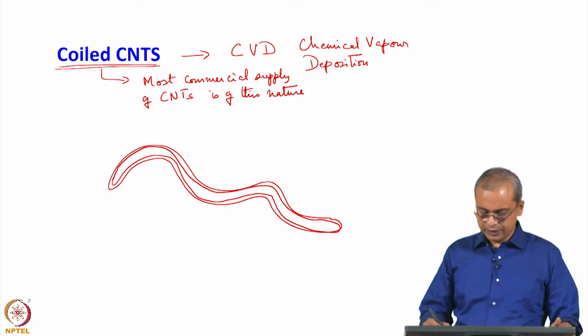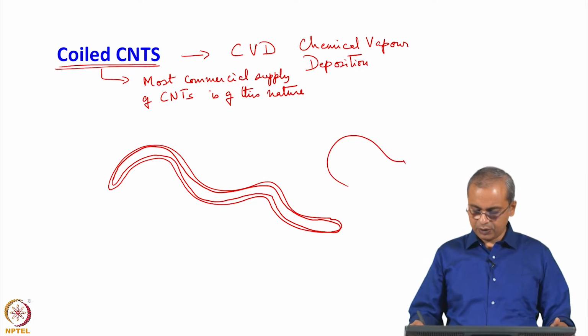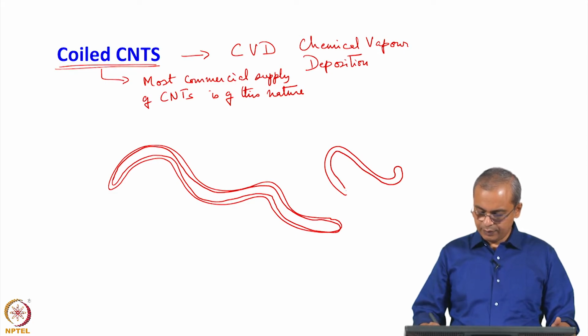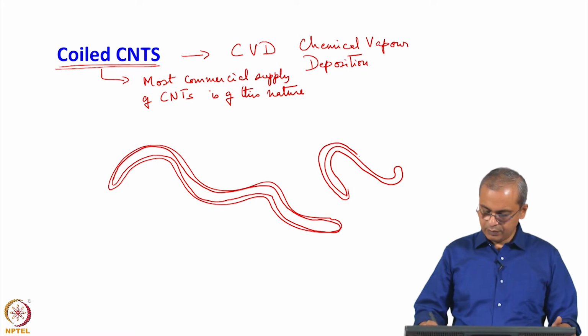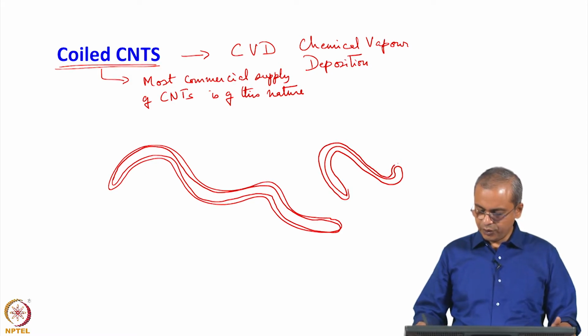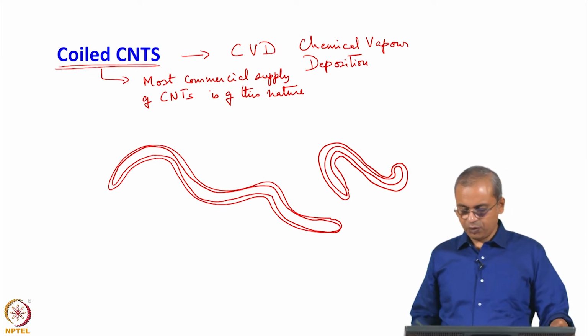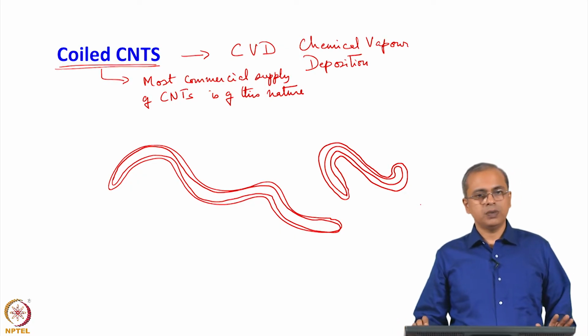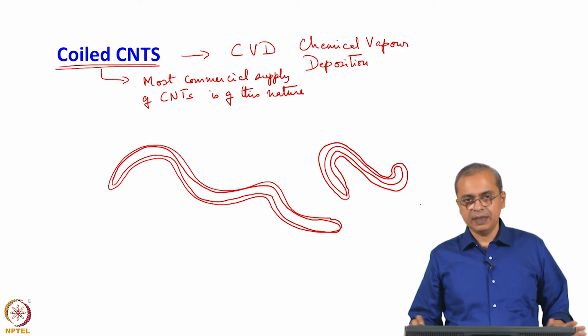Something like that, you will see a tube that looks like that, or a tube that looks like that. I am just showing you double walled tubes because I am hand drawing it, and it is difficult to draw several of these, but basically you will see tubes like this. This is what you will see using CVD synthesis.